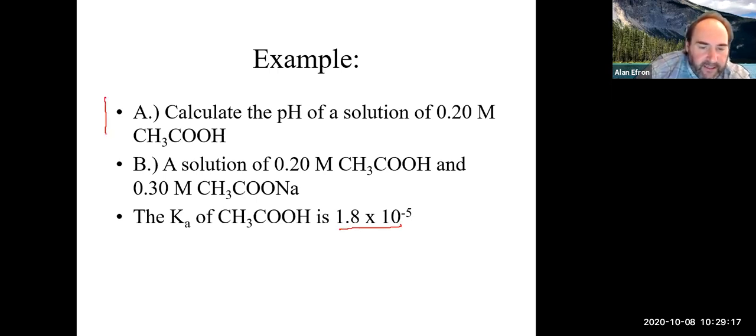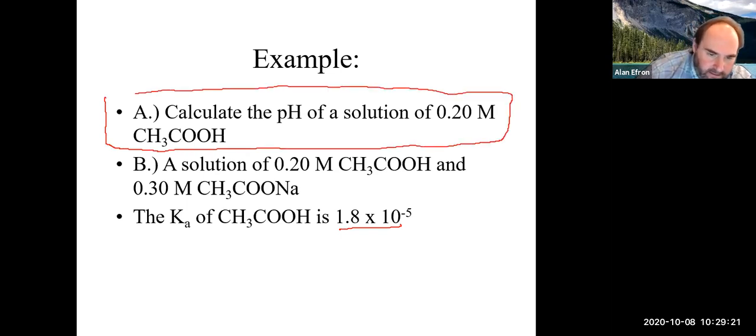So take a couple minutes here and just do part A, and then we'll talk about it, and then we'll do part B in just a second. Take a little bit of time and work on that one and see what you come up with. Again, we're looking for the pH of just acetic acid by itself here. And to give you an idea, obviously it should just be a weak acid type problem.